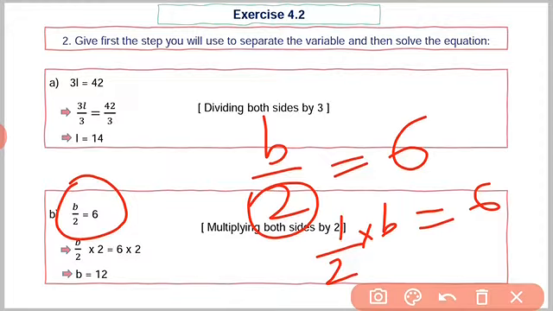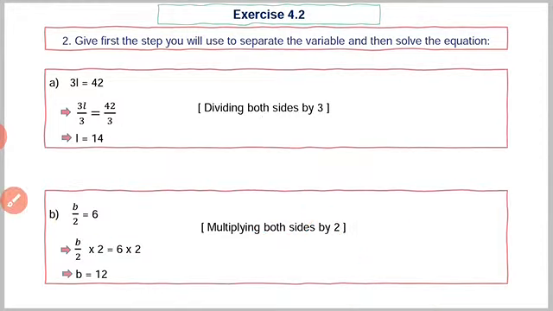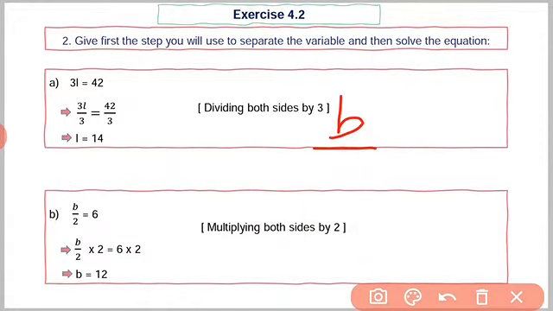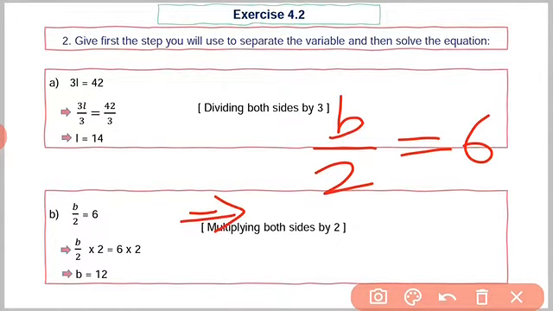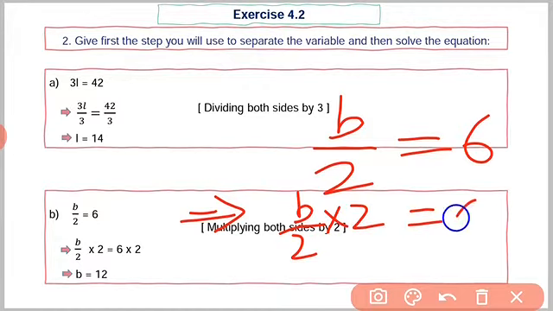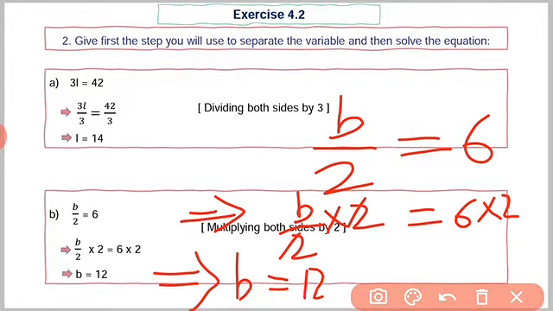So what we can do to separate the variable B? We can multiply both sides by 2. So this 2 will cancel out and we are left with B is equal to 12.